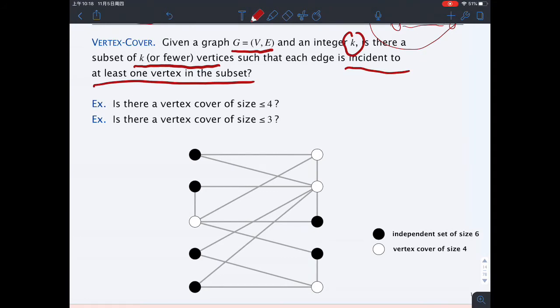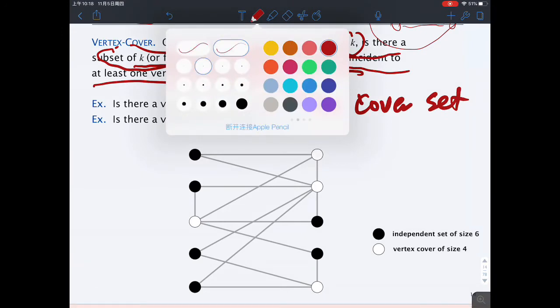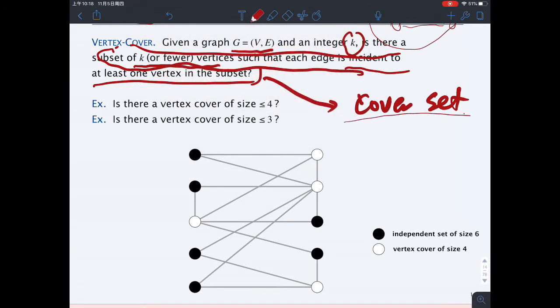Let me explain this definition in detail, like we did for the independent set. If we have a subset of K vertices such that each edge is incident to at least one of the vertices in the subset, then this subset is called the cover set.